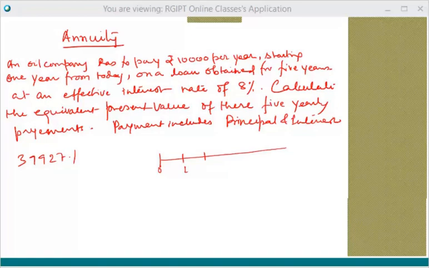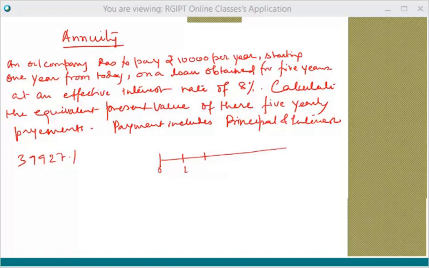Okay. And so here you have 10,000. Here again 10,000. Okay. And then you are calculating the present value of 10,000.